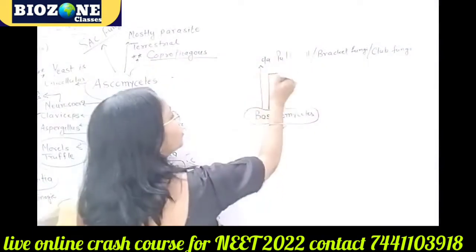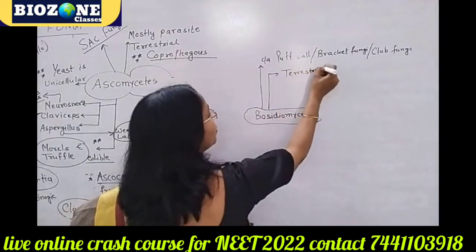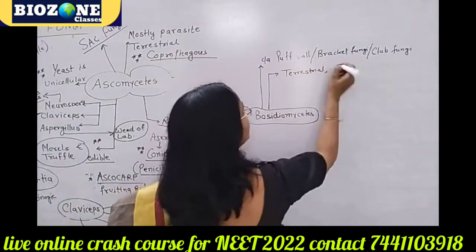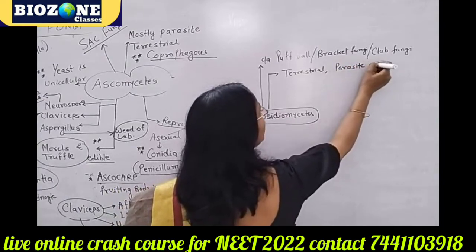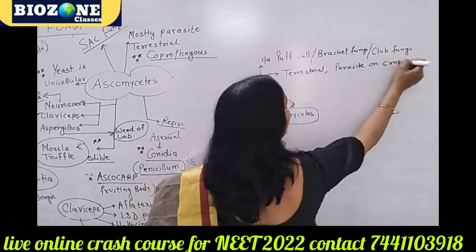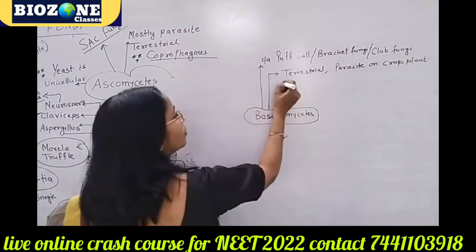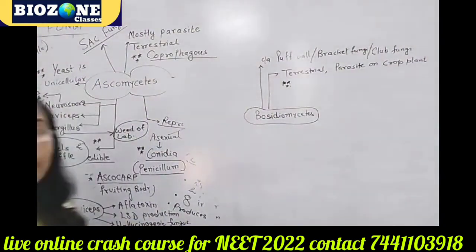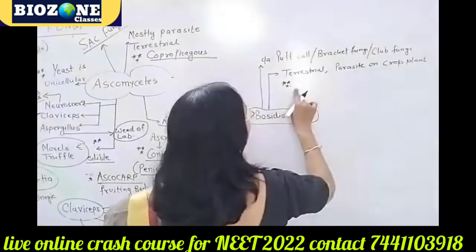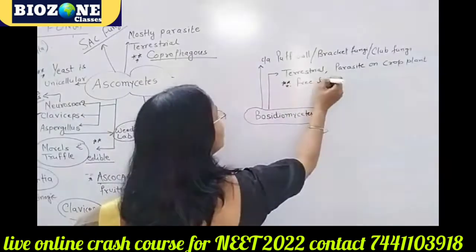Secondly, if you come towards habitat, so again terrestrial and parasite on crop plants, basically. And next is parasite on crop plants as well as free living.